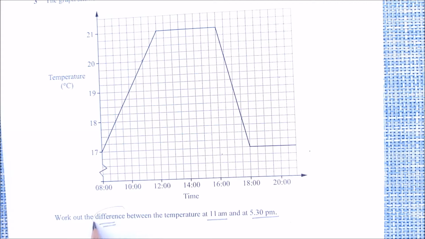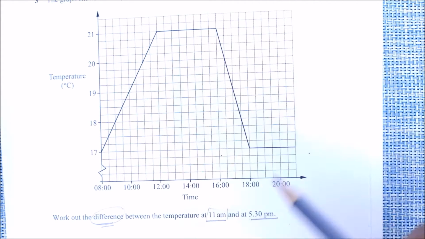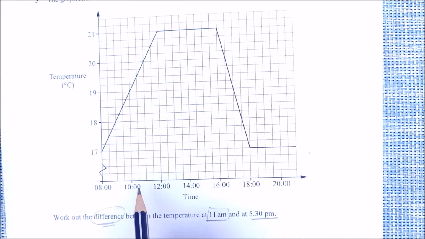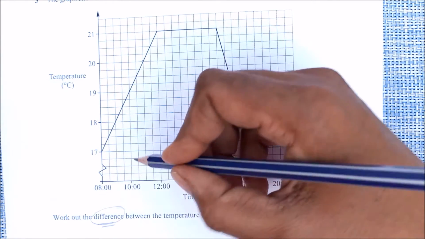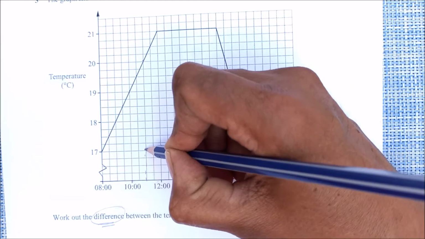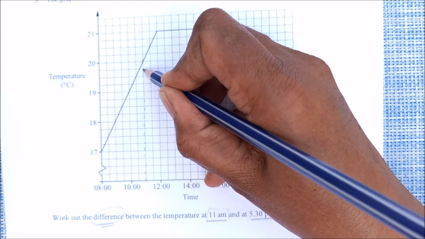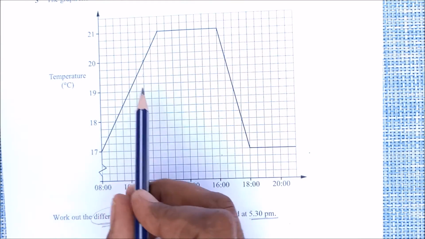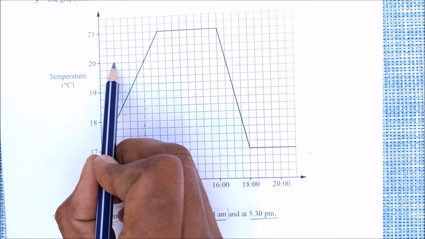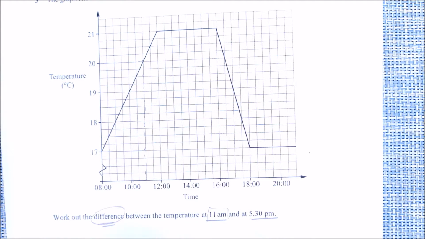The keyword here is difference of temperature at 11 and 5:30. So let's see at time 11 a.m. 11 a.m. is in the middle of 10 and 12, so it will be here. So go along, so we reach here. We need to find the temperature. This temperature is 20 degrees Celsius at 11.